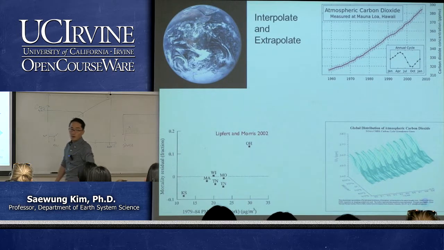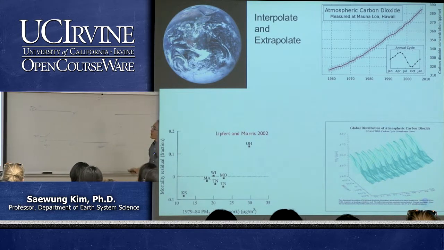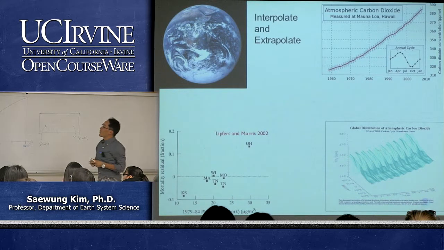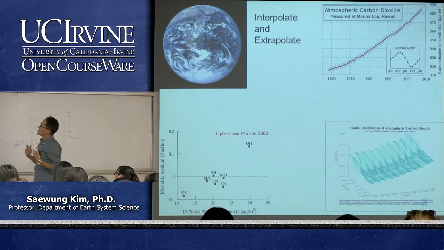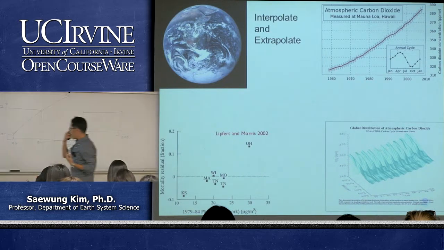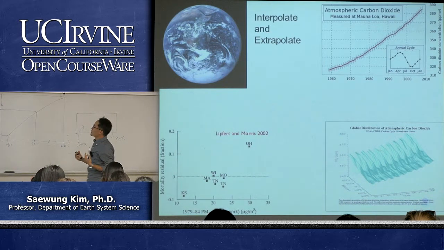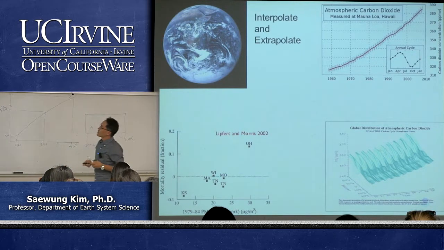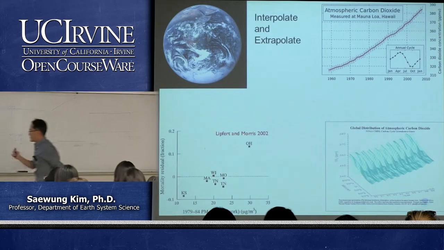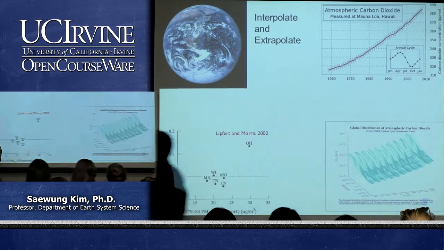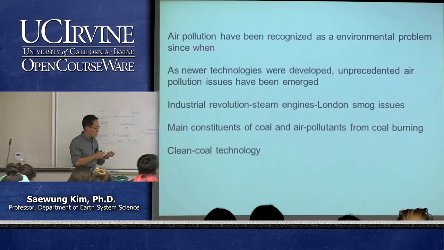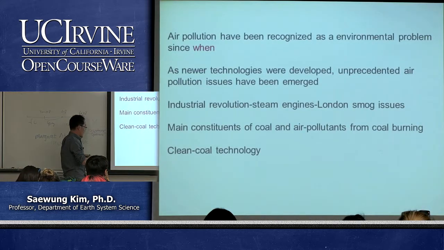It's going to be about 0.1, whatever that unit is, right? So we call that interpolate. Okay, these are two ways you can predict something based on a plot. So this is how you can usefully read plots.